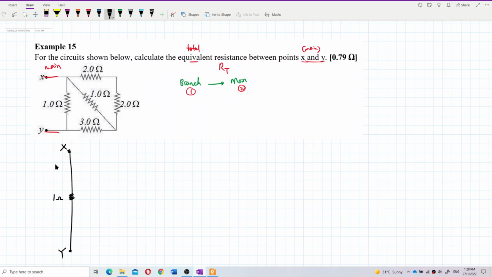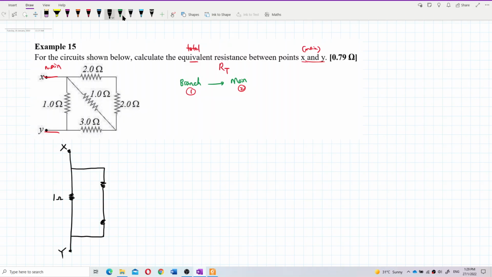And then after the 1 ohm, connected in parallel with it, we have these 1 ohm and 3 ohm, isn't it? Let's draw it. Like this, 1 ohm, and then we have 3 ohm.